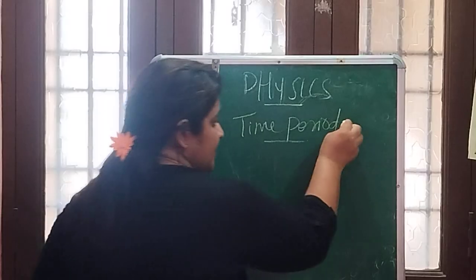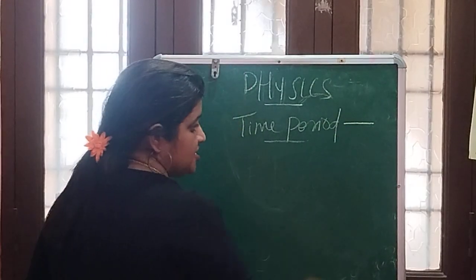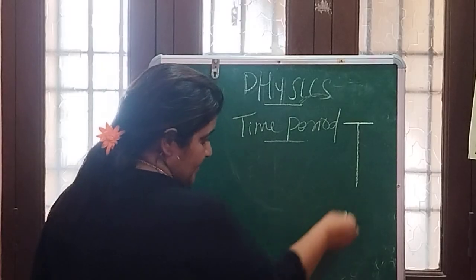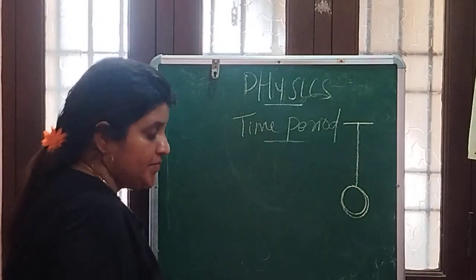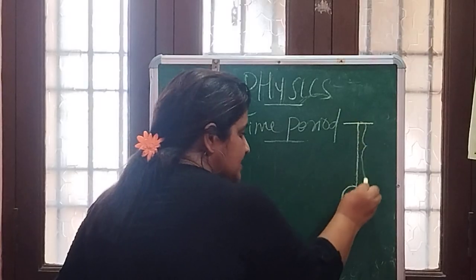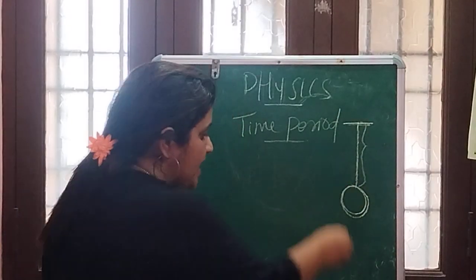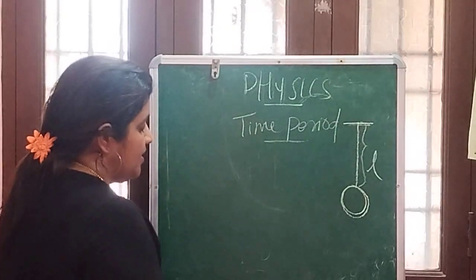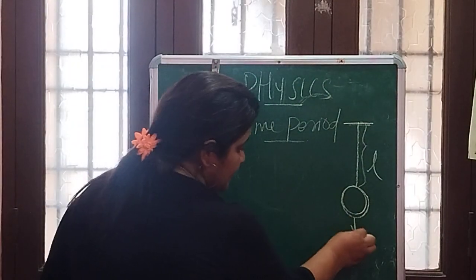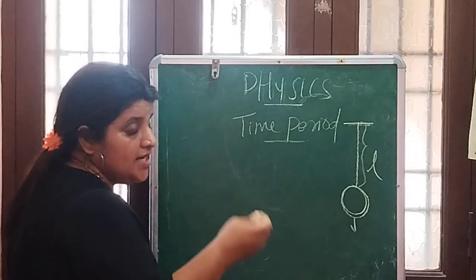For that, we are considering a simple pendulum. This is the point of suspension. From this point of suspension, there will be a string of length L. At the end of this string, there will be a bob of mass m. This is the length of the pendulum, the distance between the point of suspension and the tip of the bob, length L. Here, this is the mean position, where no external forces are acting on the bob.